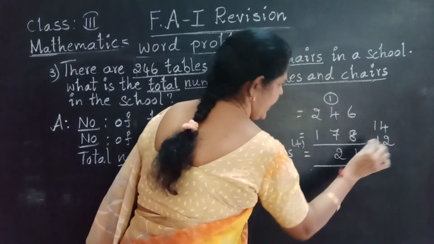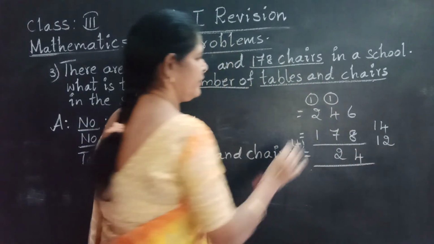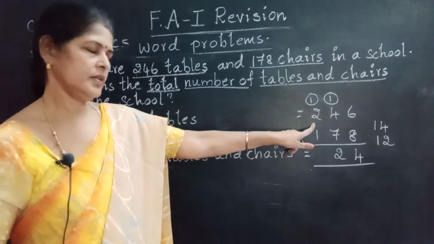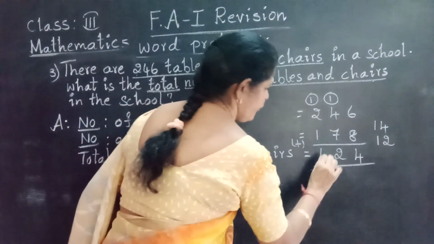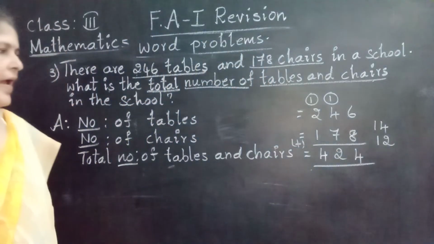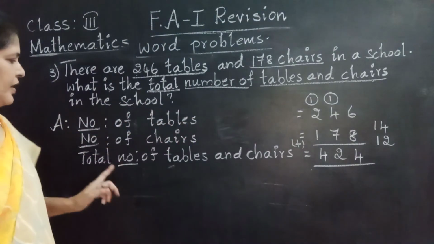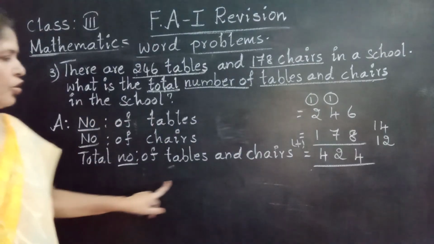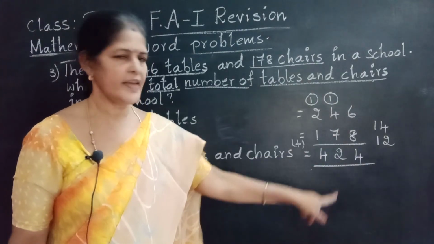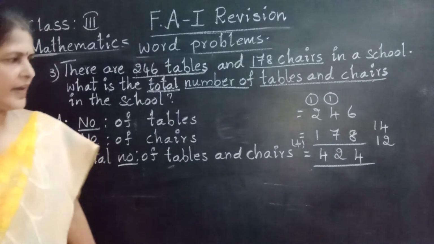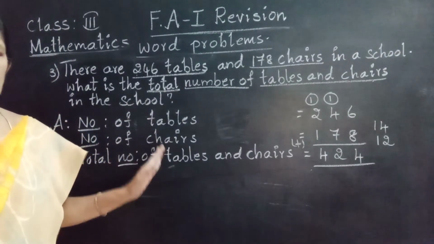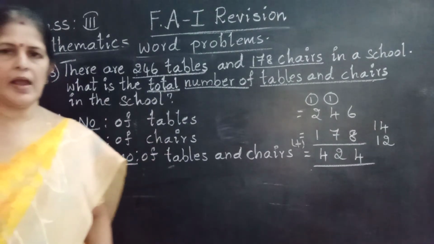Now 2 right here. Again carry forward. Now 1 plus 2, 3. 3 plus 1, 4. We get the total by adding the given two numbers. Number of tables, number of chairs, total number of tables and chairs. By addition, we get the total. This is another word problem.